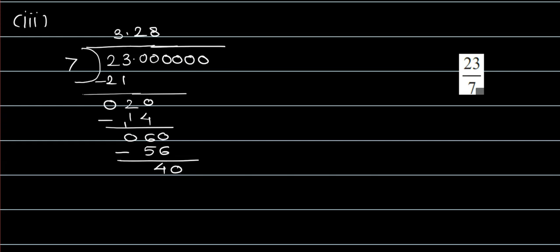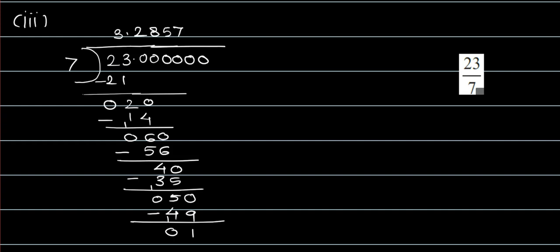Then the fifth division, that is 40 minus 35, you get 5. Again 0. 7 into 7 is 49. Therefore 1 is the remainder. Again 10.